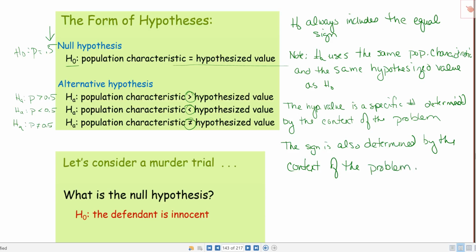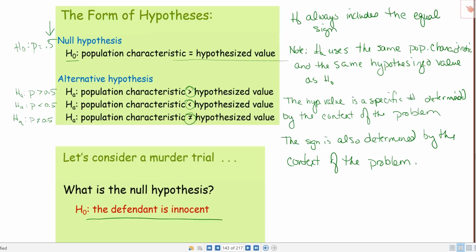Okay, so let's consider a murder trial. What is the null hypothesis? Well, in this country, you are presumed innocent until proven guilty. So the null hypothesis is that the defendant is innocent. That's what you go into believing if you were a juror on the trial.